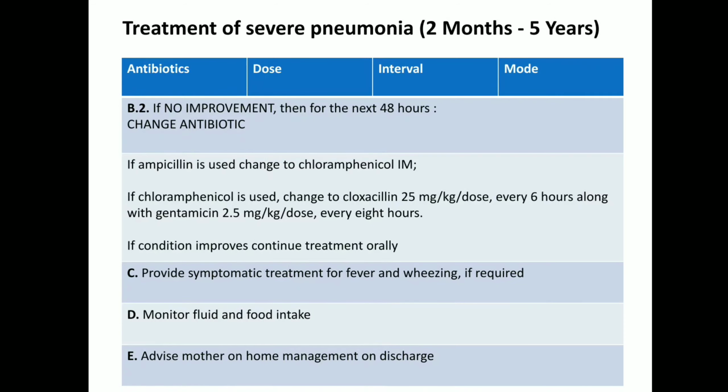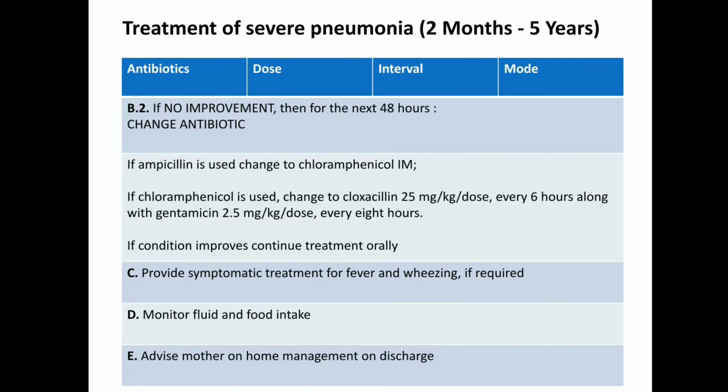If chloramphenicol was used, you have to change to cloxacillin 25 mg per kg body weight every 6th hourly, along with gentamicin, which is 2.5 mg per kg body weight every 8 hours. That means a QID dose of cloxacillin and a BD dose of gentamicin.